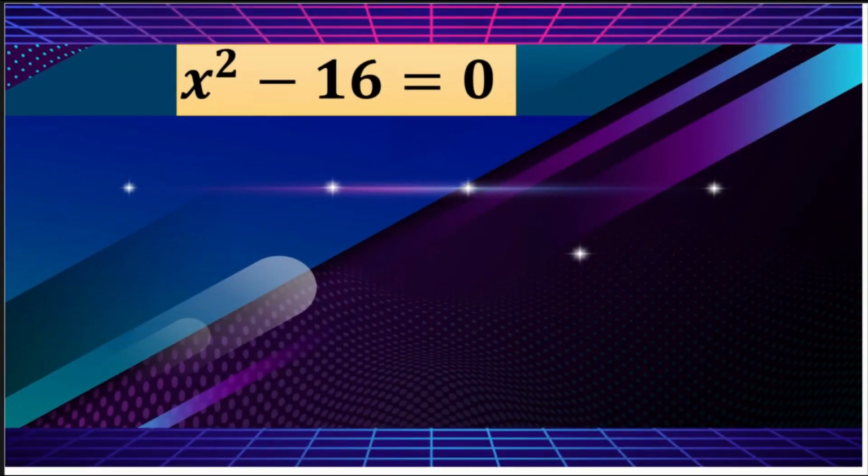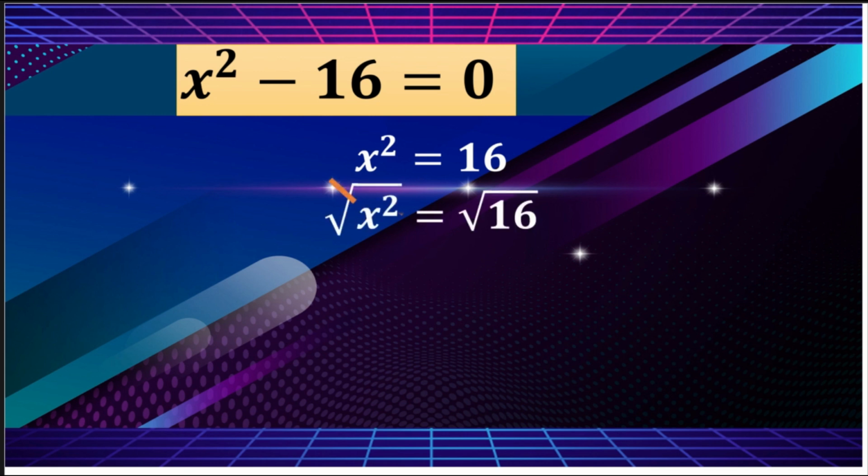For example, x squared minus 16 is equal to 0. Your first step is you are going to transpose negative 16 to the right side and it becomes positive 16. Afterwards, we need to take out these 2 by extracting square root. To cancel out the square, x remains, because the square is cancelled, and the square root of 16 is positive and negative 4.